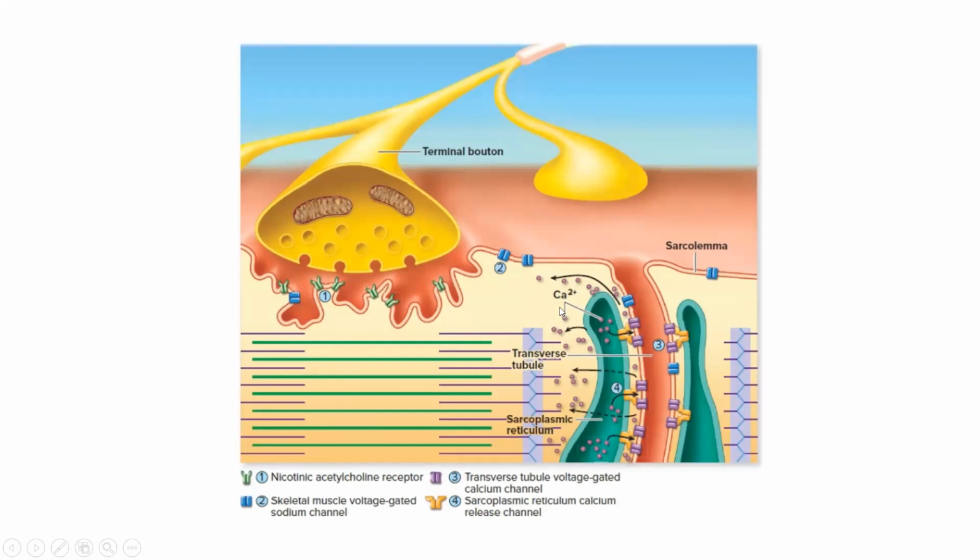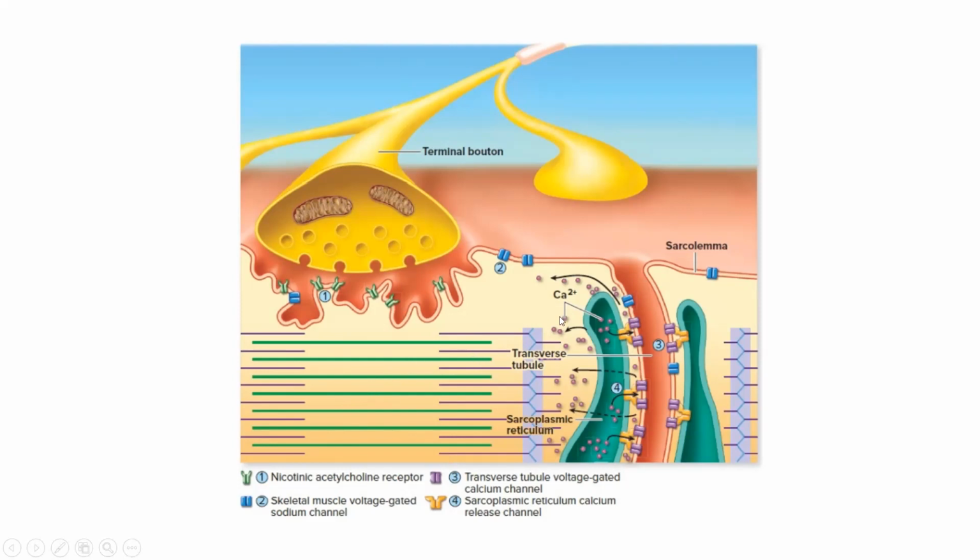When the calcium is increased inside the cell, it can now easily attach to troponin C. Then you already know what happens. Tropomyosin moves from the binding sites, then the myosin attaches to the actin, and then contraction happens. Okay, so basically we started the discussion of what happens in the sarcomere.